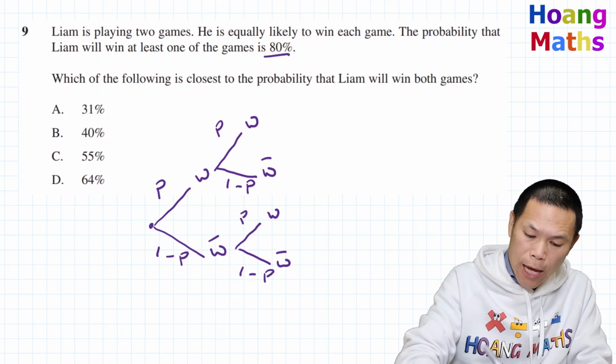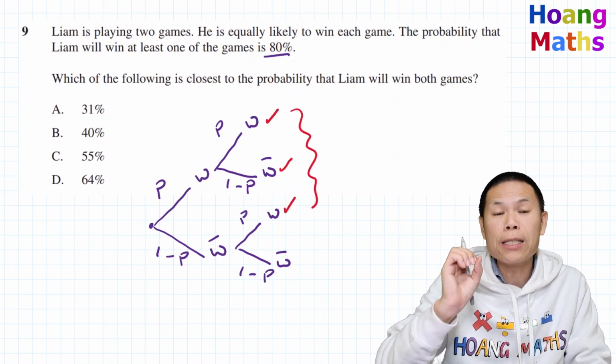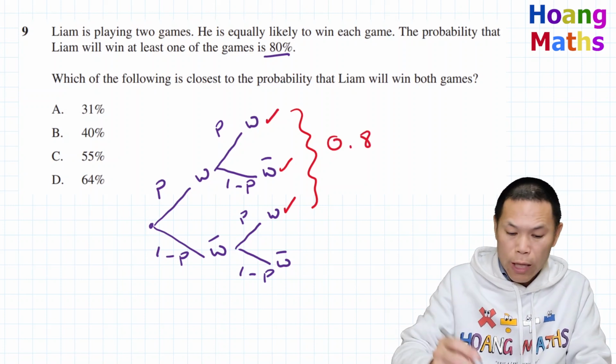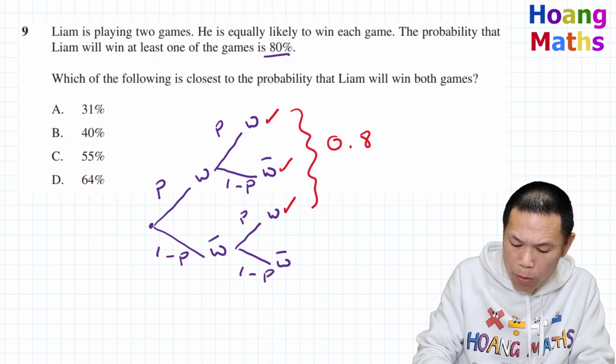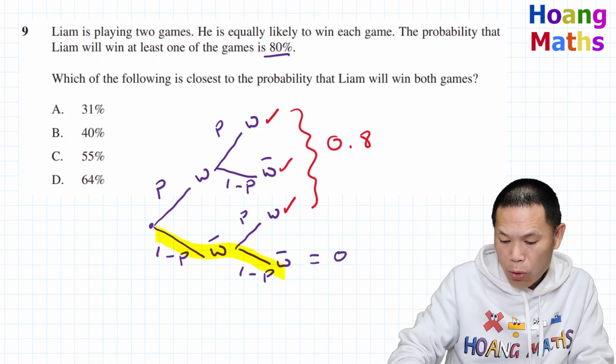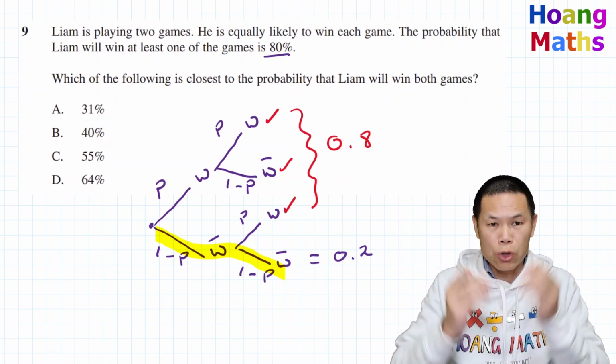In other words, at least one game is either this, this, this. If we add them together, it will give us 80%. So that is 0.8. And so therefore, we know that this probability here will give me 0.2 because the probabilities add up must give me one whole.